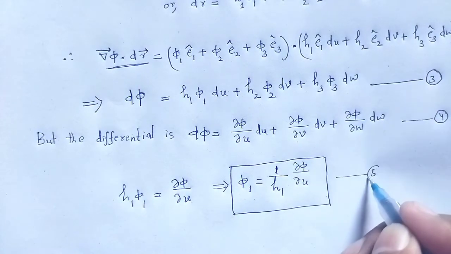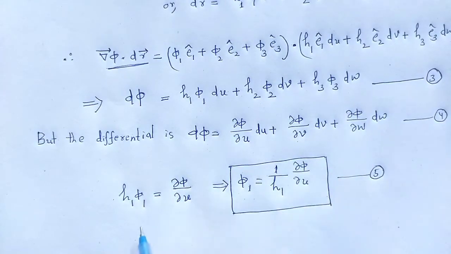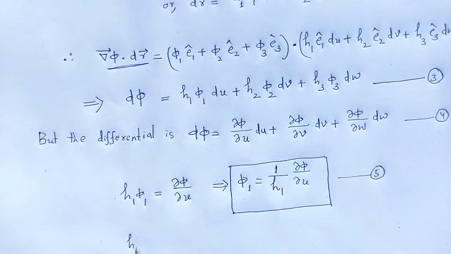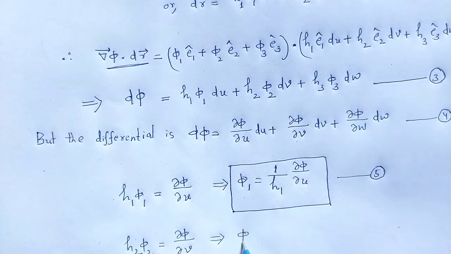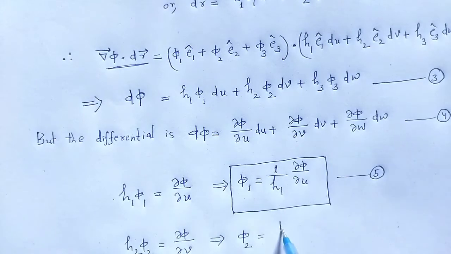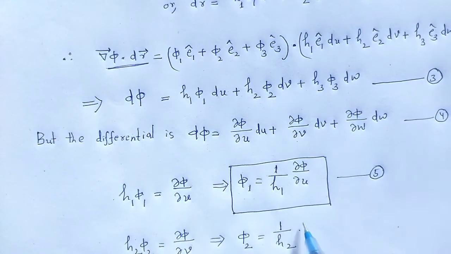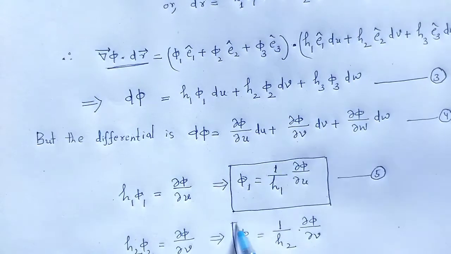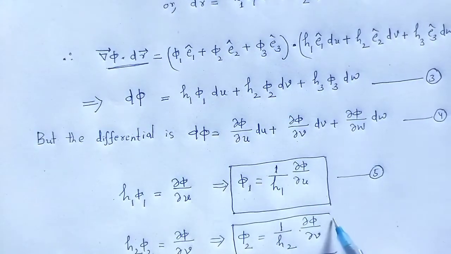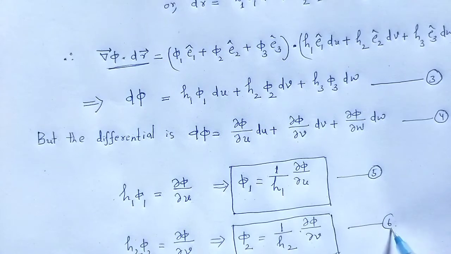Equation number 5. Similarly, h2 phi 2 is equal to del phi by del v, which implies phi 2 is equal to 1 by h2 del phi by del v. Equation number 6.